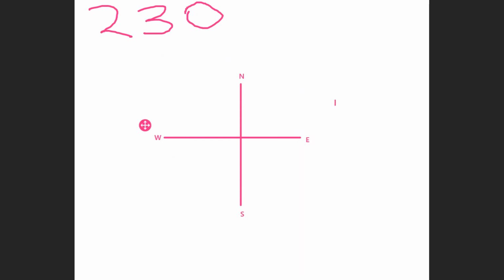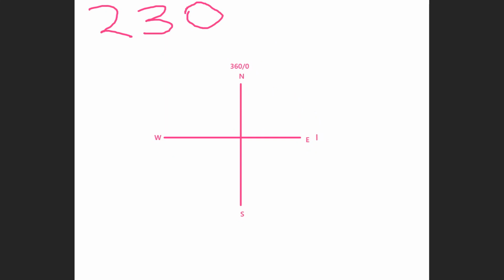Right. And then the next part is to bring in my protractor, but I can't bring in the protractor because this is just a sketch. I'm just trying to sketch it. So for 230, right here at the north side, I have 0 degrees. We have what you call 360, or 0 degrees.